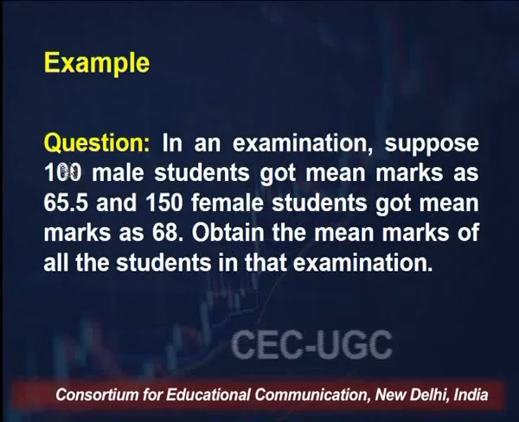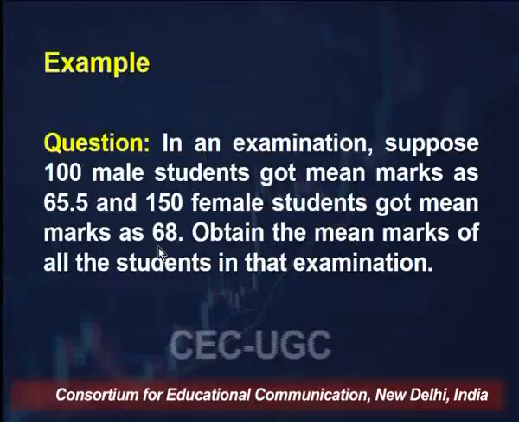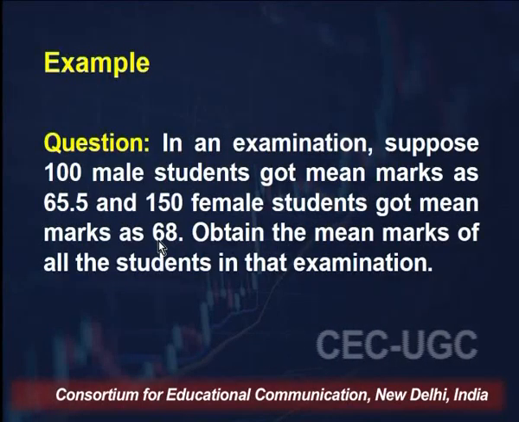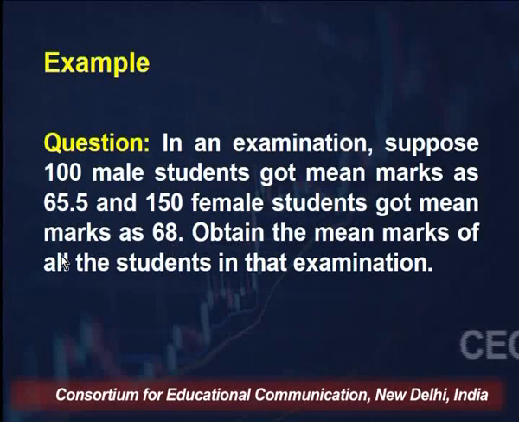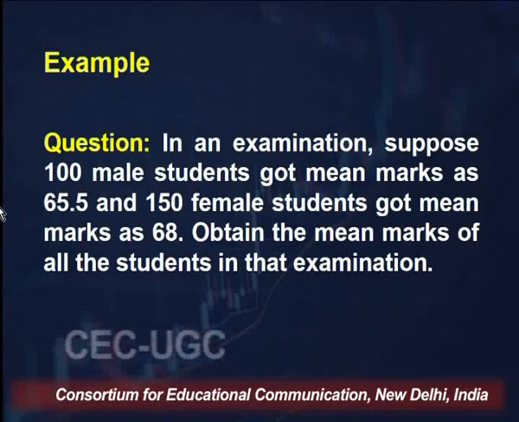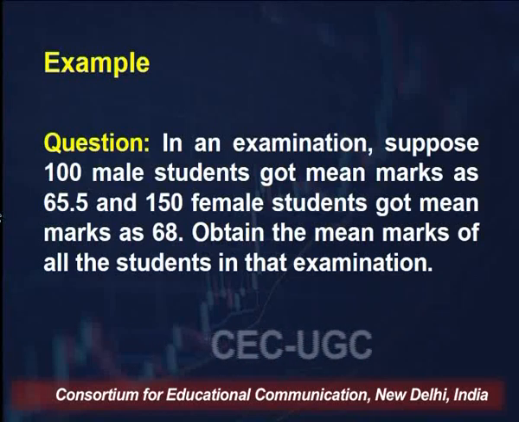If I take n1 as the number of male students, then x1 bar, the mean of the marks of male students, is equal to 65.5. So n1 is 100, x1 bar is 65.5, n2 is 150 and x2 bar is 68, and I have to obtain x bar, the combined mean, that means the mean of all students in that examination.